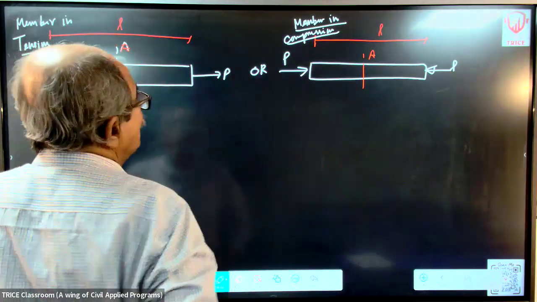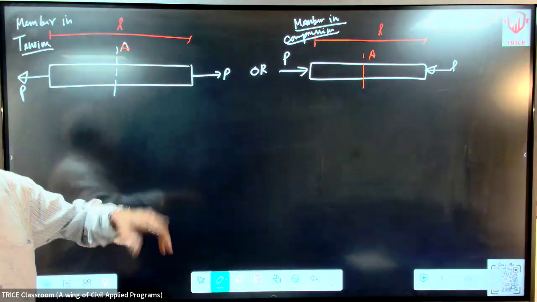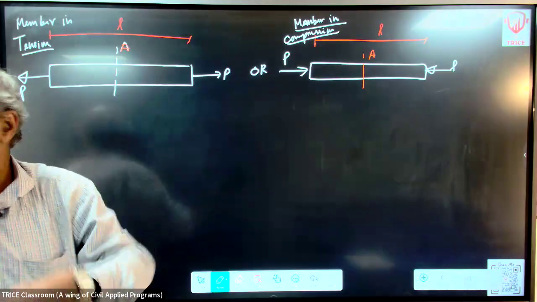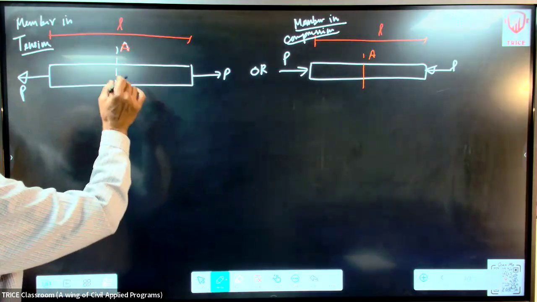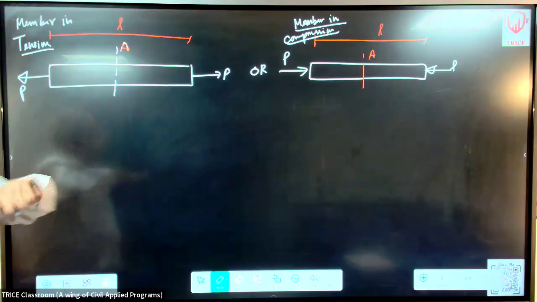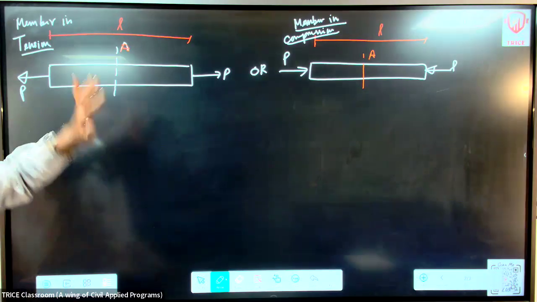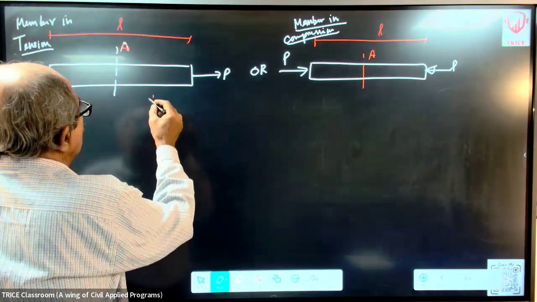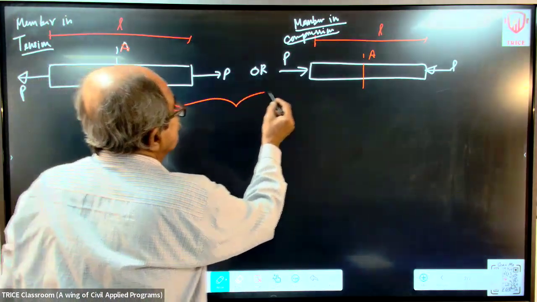My voice will be clear for you. See, this is a member in tension. That is a member in compression. Then, see here. Whether the member is in tension or compression, I will put common here, common for both.